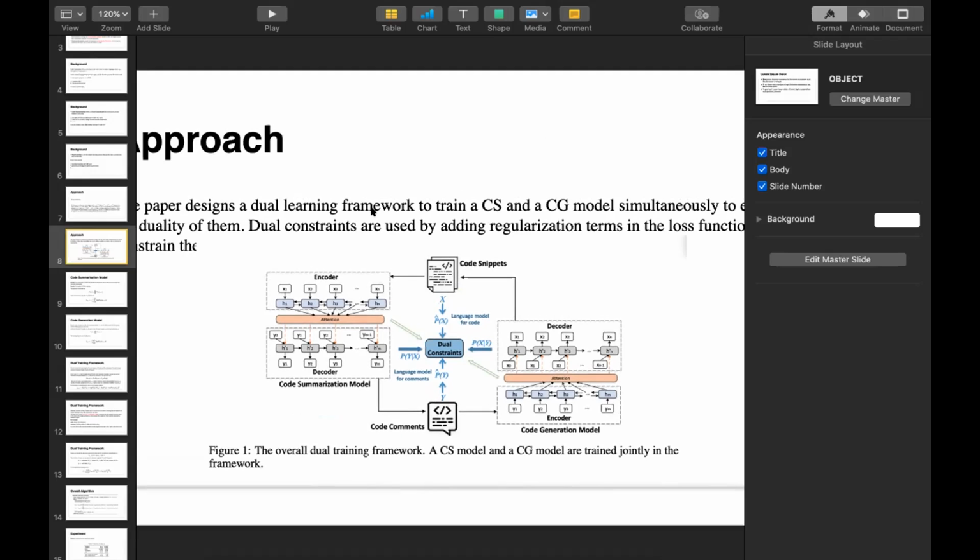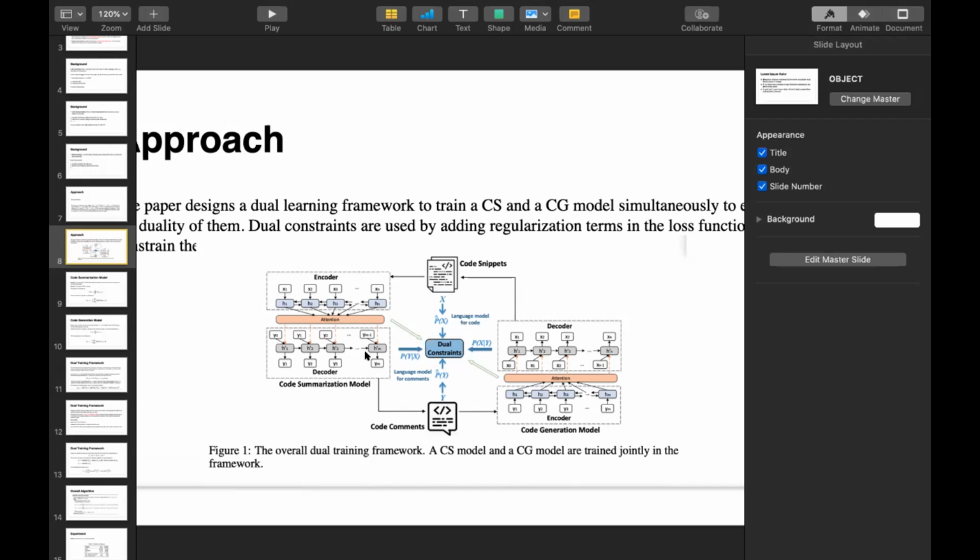But what is the benefit of using this dual training? Because in a training set, isn't it better to compare with the real code? For example, when you generate the code comments, what's the benefit of using dual training?